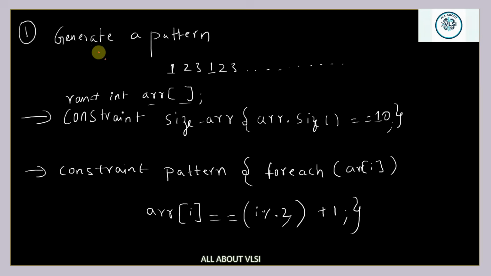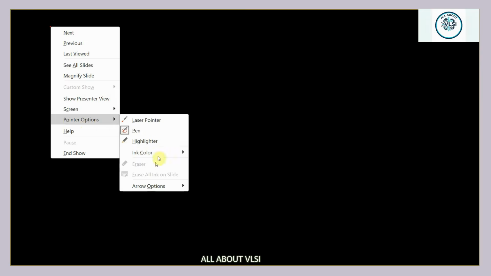So the pattern being generated is 1, 2, 3, 1, 2, 3, right? This is my index 0, index 1, index 2, index 0, index 1, index 2.